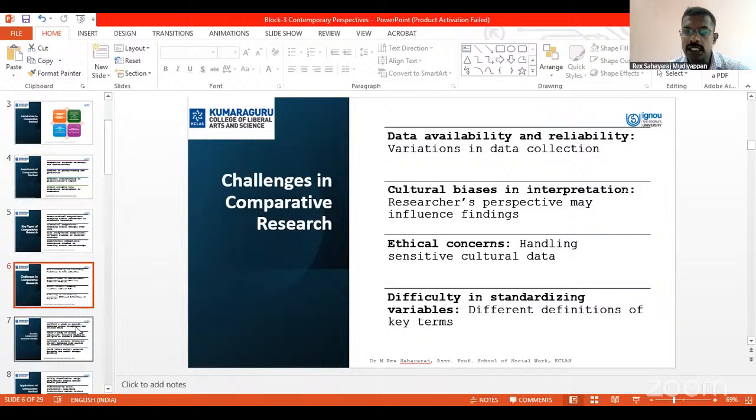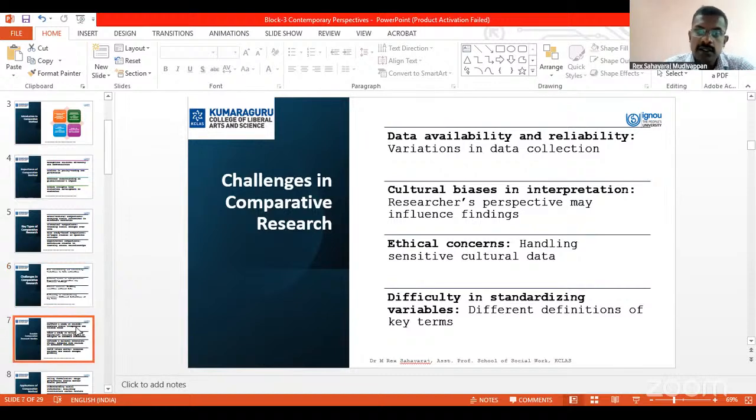We also learned the challenges in comparative research, which is very important: data availability, reliability, cultural biases in interpretation, ethical concerns and difficulty in standardizing variables. In different classes we will learn about ethics, what the ethical concerns related to social science research are, and what a variable is all about.